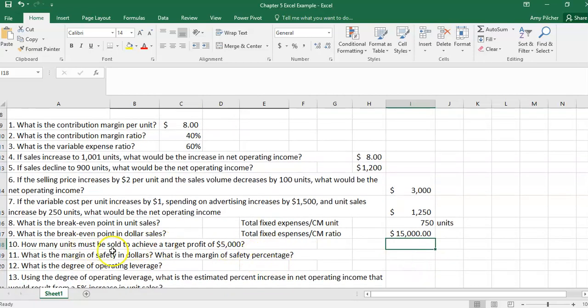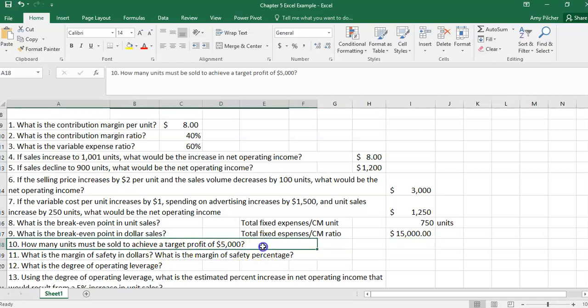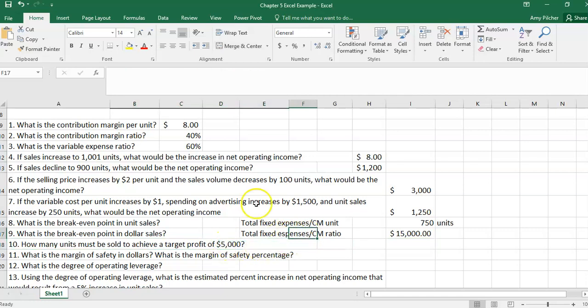Number 10 says, how many units must be sold to achieve a target profit of $5,000? For that calculation, we add 5,000 to our total fixed expenses. Let me type this correctly.